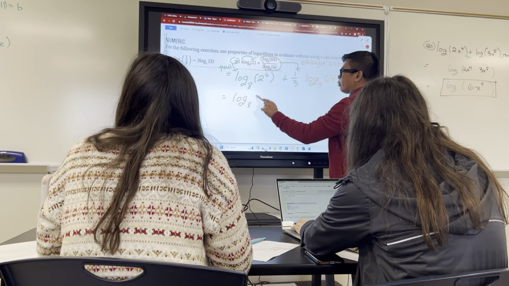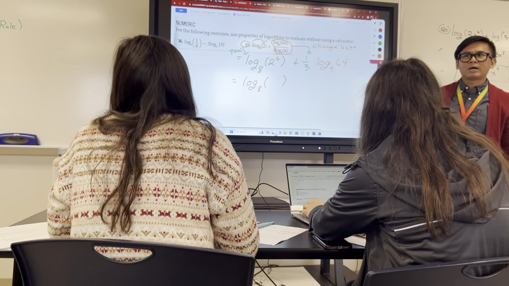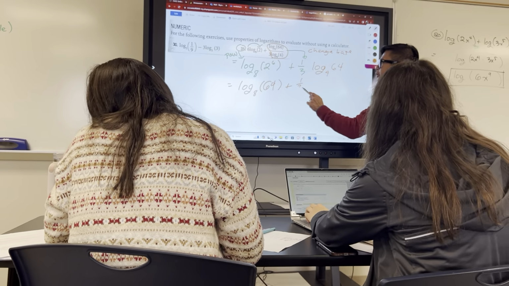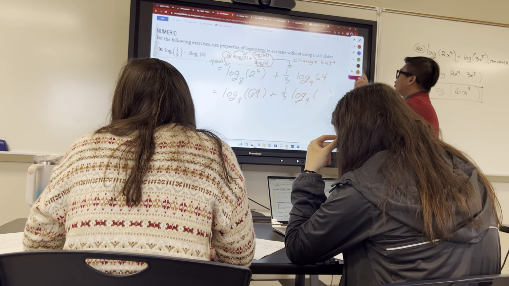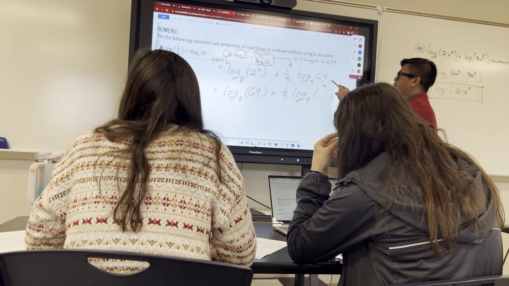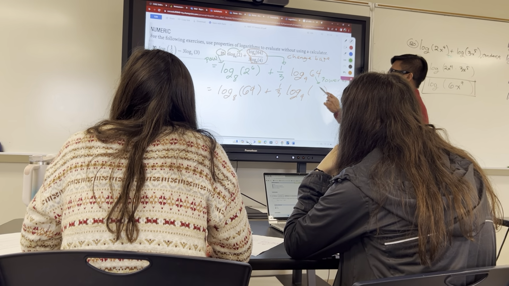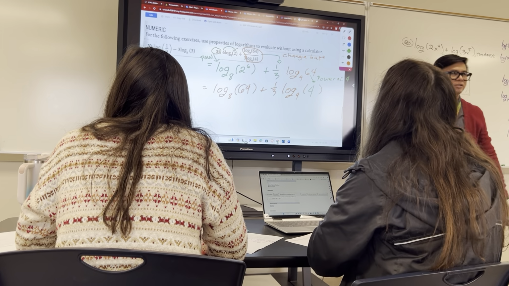What's 2 to the 6th power equal to? 64, right? Plus 1/3 log base 4. Well, this one, 64. Can we write 64 as a power of 4? 4 to what power is 64?